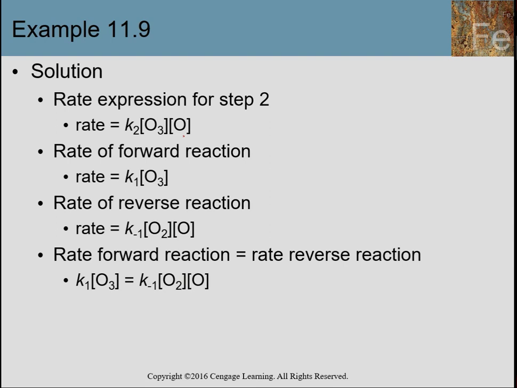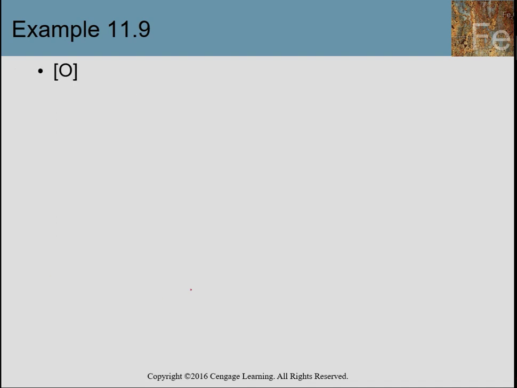So we want to replace this O in the slow step's reaction with whatever O would be from this particular reaction down here. So we get O equals K1 times ozone over K negative 1 times oxygen. And so we literally just made the swap.